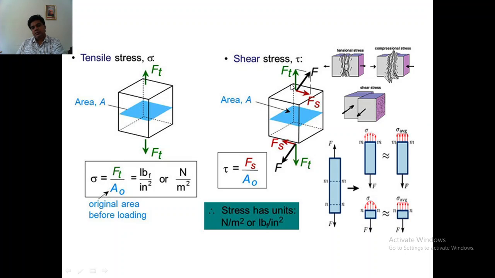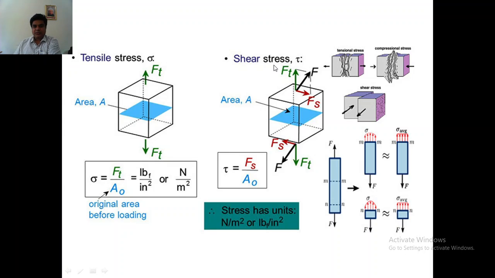Here you can see this is the surface or cross section of this cube of material. When I apply load perpendicular to this face, I call this tensile force. When I apply load parallel to the surface, that is called the shear force, Fs.